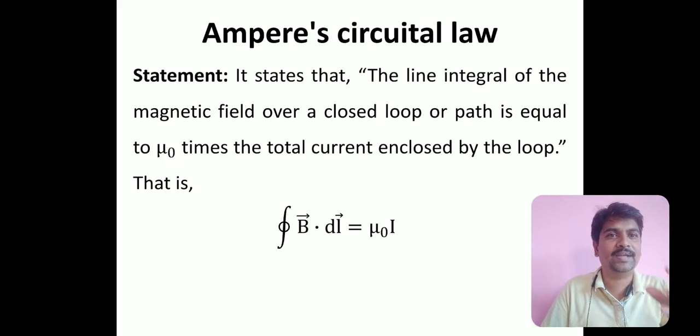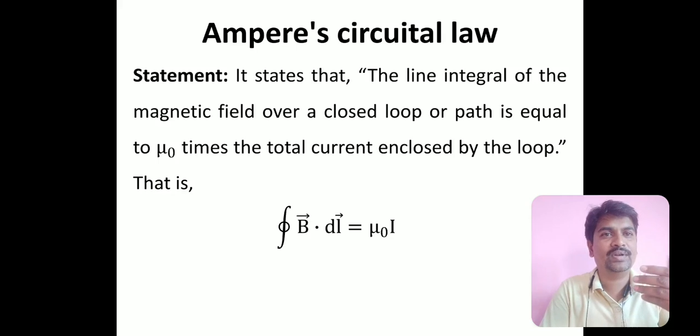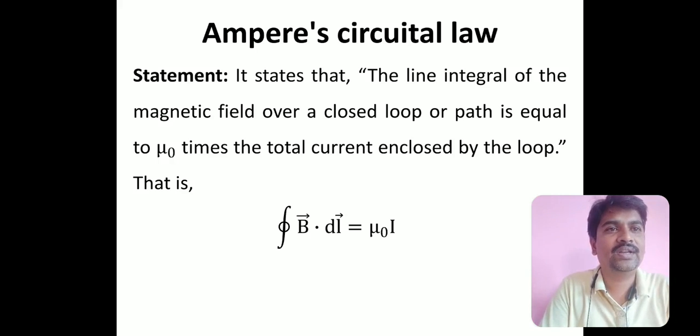In exactly the similar way, I am looking for the magnetic lines of force coming out of this small element dl, and the line integral of the magnetic field over a closed path is equal to mu naught times the total current enclosed in that loop.